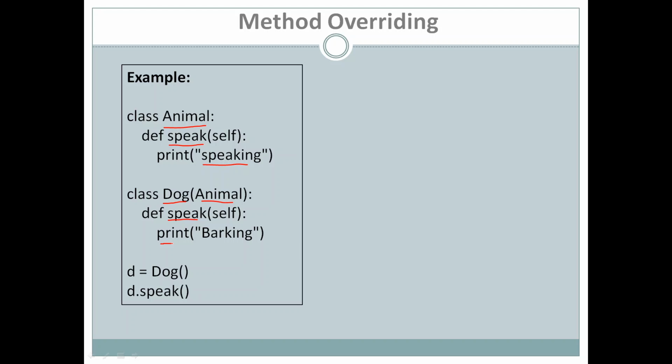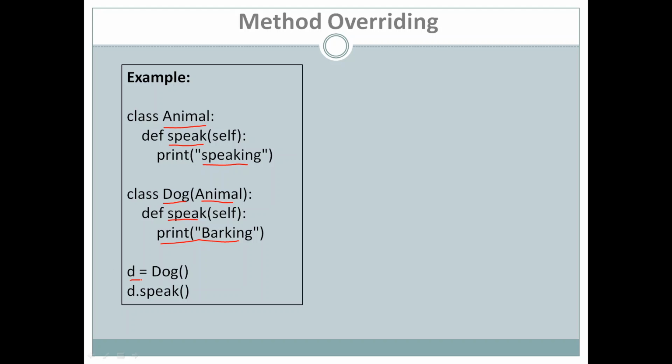In this speak method we have a print statement printing barking. In the initial speak method we had speaking, and we do not want that implementation in the child class, so we have redefined it and given a specific implementation, that is printing barking. So we can redefine the methods of a parent class in the child class.